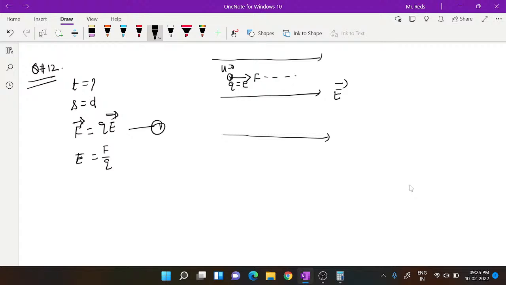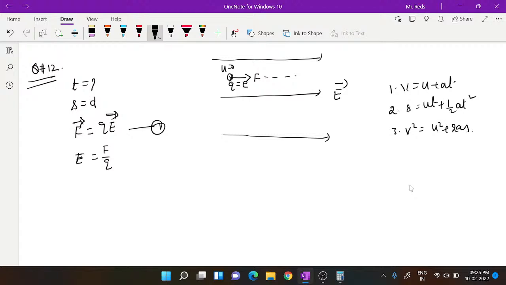So you can consider this as uniformly accelerated motion, and the equations of motion we have studied in mechanics can be applied here. The first equation is V equals U plus AT, the second is S equals UT plus half AT square, and the third is V square equals U square plus 2AS. They are applicable here also.